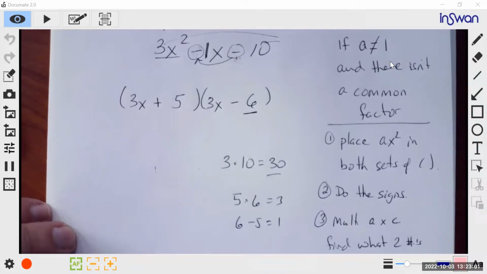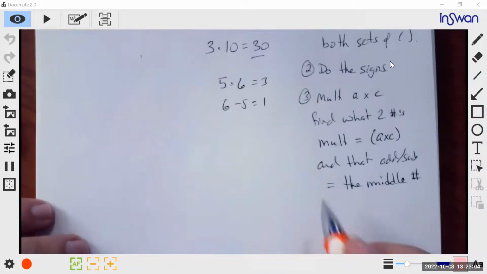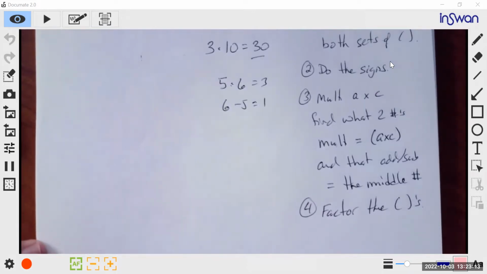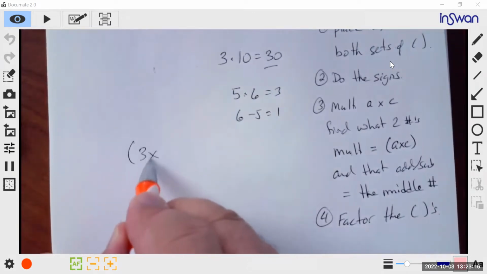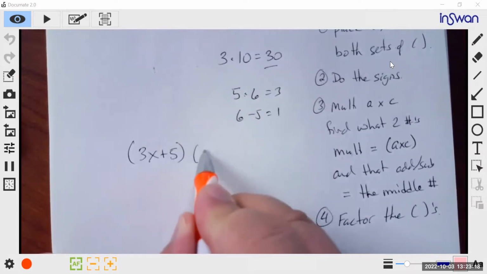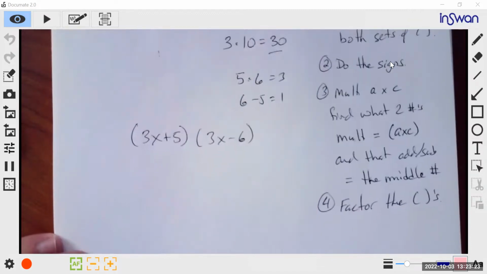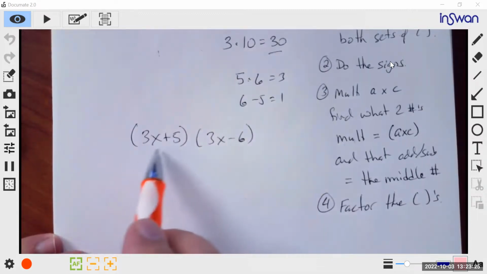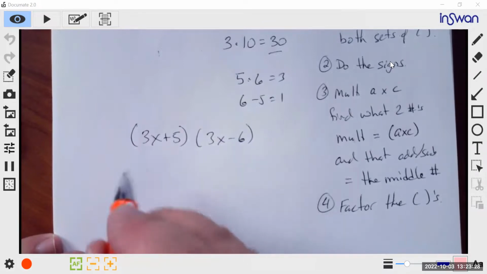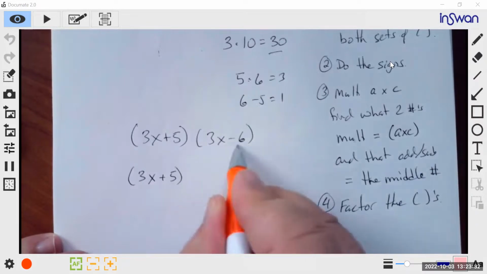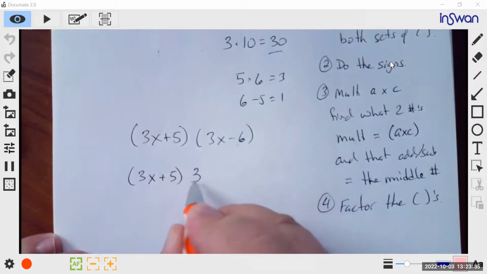We're not done yet. Factor the parentheses. We have 3x plus 5, 3x minus 6. Can anything factor out of there? Can anything factor out of the first? How about the second? Yes. So nothing can factor out of here. What can factor out of the second? 3.